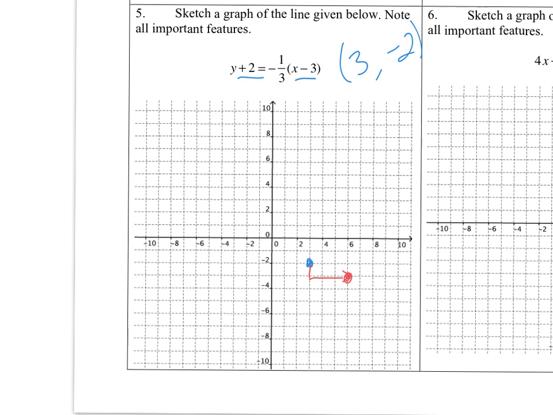I can go up 1, 3 to the left. Hey, that's a y-intercept. And what the heck, I might as well go up 1, 3 to the left. Hey, that's an x-intercept. I think I've identified all my important points in the graph. And using my really awesome graphing skills, I'm going to draw a line perfectly through those 3 points, or 4 points.